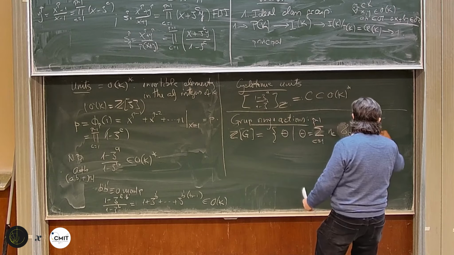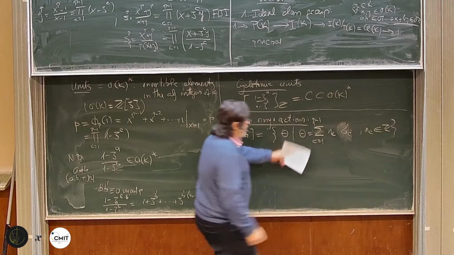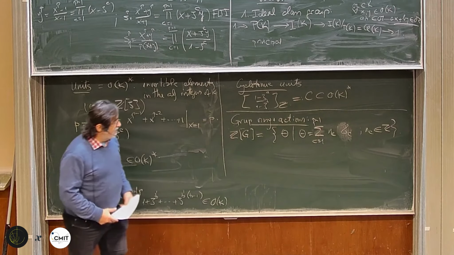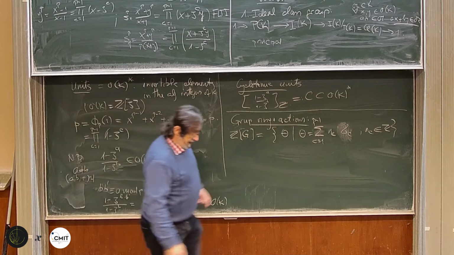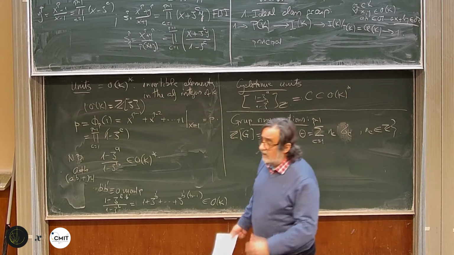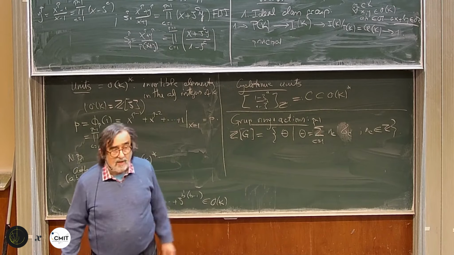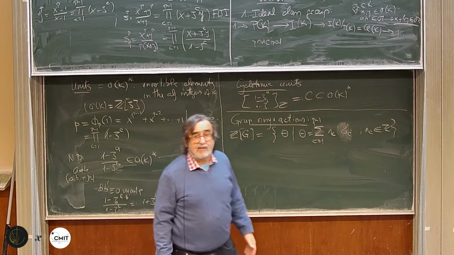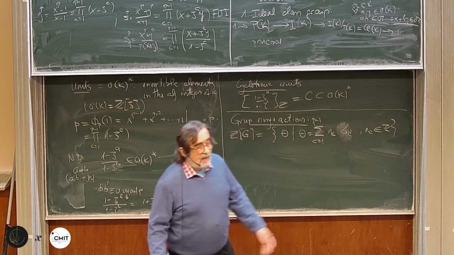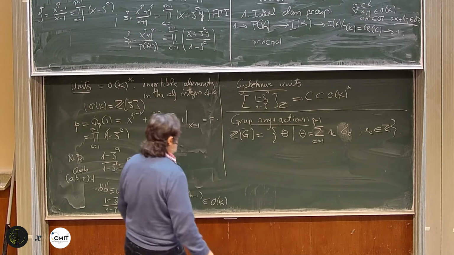So the n_c are integers. These are formal sums, but since the automorphisms build a group, you can multiply these formal sums, and multiplication of automorphisms will simply be composition. Actually, the automorphisms build a cyclic group, so it's a very nice kind of composition.